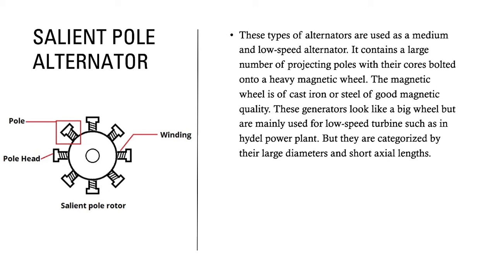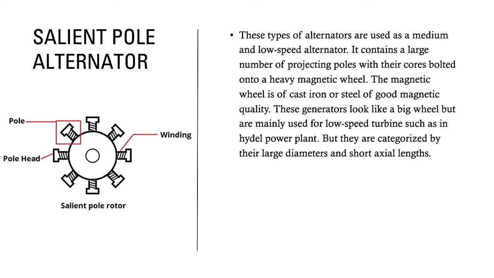These salient pole alternators are used in hydel power plants to generate electricity, because they are meant for low speed or medium speed operation. They don't go for high speed, so they are up to the mark of a medium and low speed alternator.